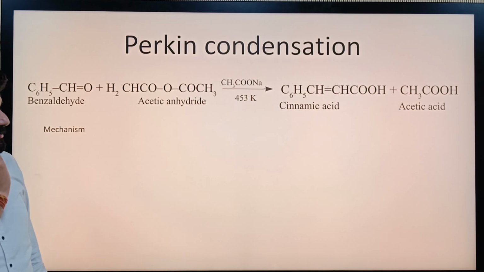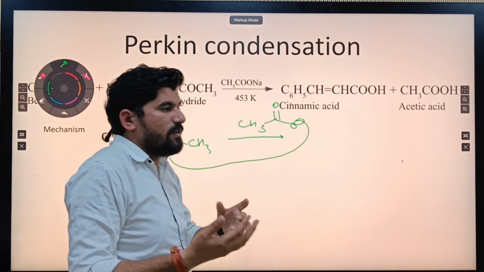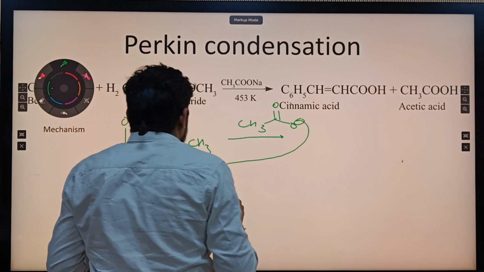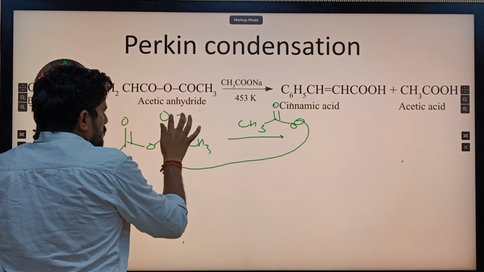CH3 double bond oxygen, O negative. If it attacks the electrophile of the acid anhydride, let's see what the product of this reaction is.